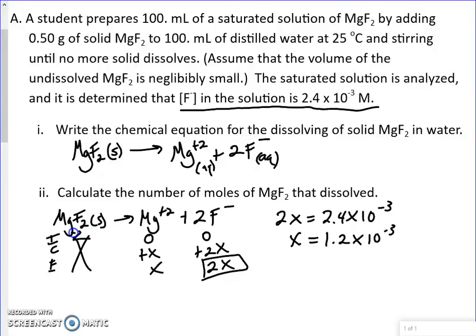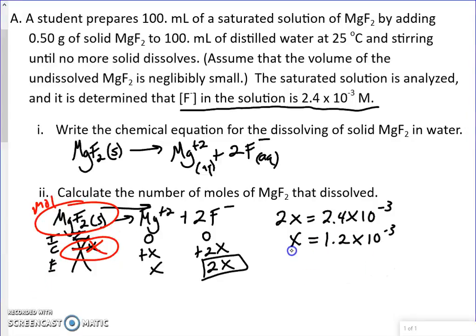If this is Z amount, whatever that amount happens to be, we know it's going to be shifting towards the products, which means this is going to be minus X, and maybe if we did a different color, we could see that a little bit better. Minus X, okay? X is the molarity of how much of this is going to dissociate or dissolve in this case, which means if we know what X is, we can backtrack that to our mole value for this.